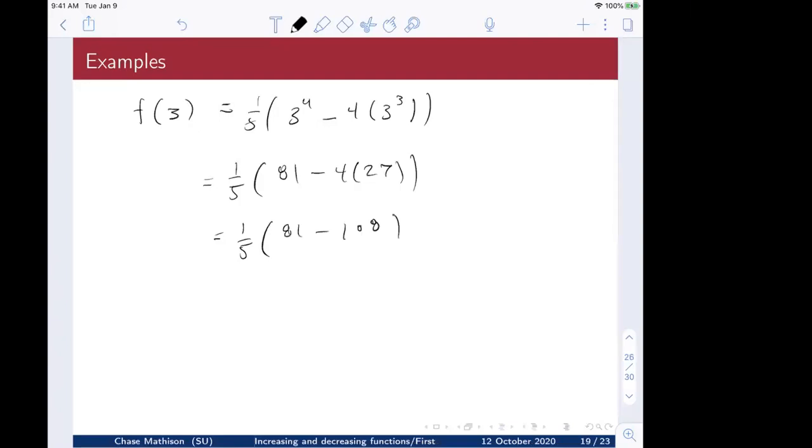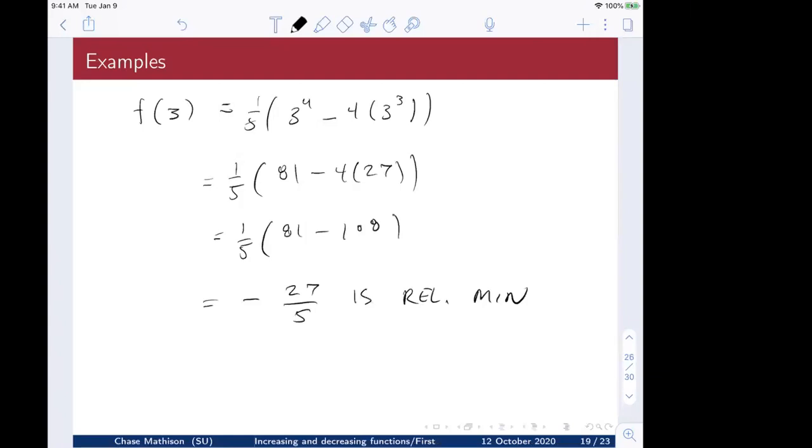And that's what, negative 27? 108 minus, yeah. So negative 27 over 5 is the relative minimum.